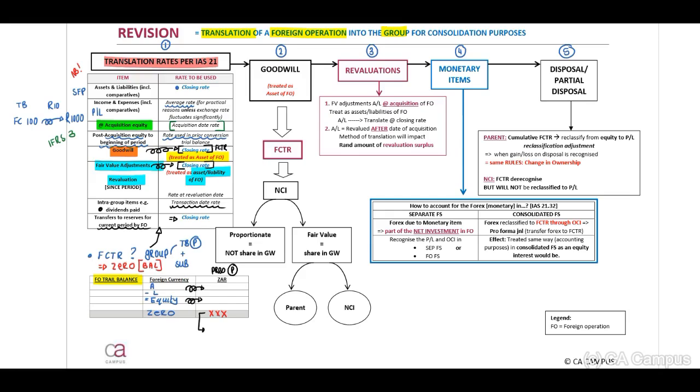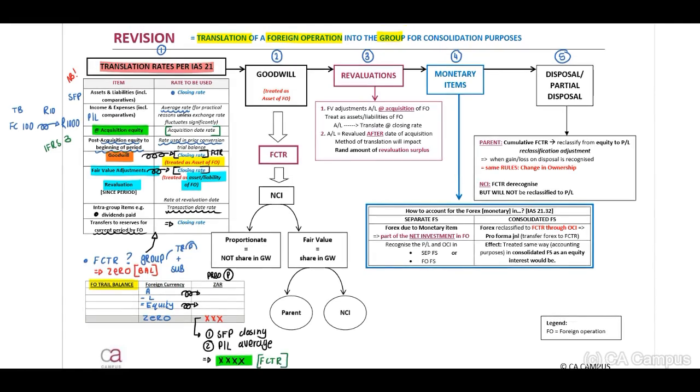We had to translate our statement of financial position line items using a closing rate. We had to translate our profit or loss for the year using an average rate. Remember, you need to translate this to the presentation currency to be able to incorporate this trial balance into our group. And therefore, we will not have a trial balance that balances. And this amount will be recognized in our group to our FCTR account.